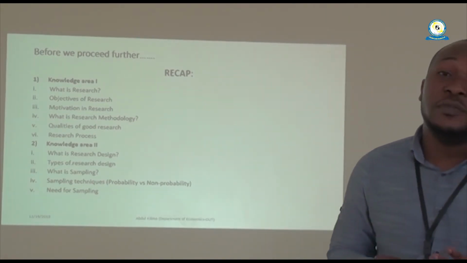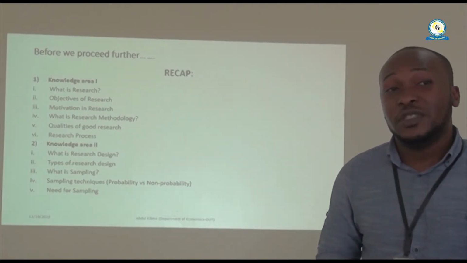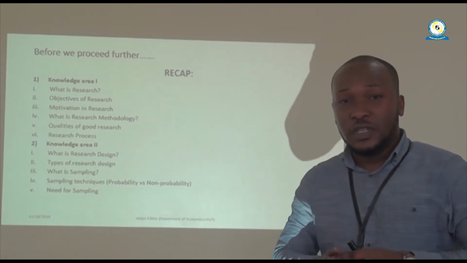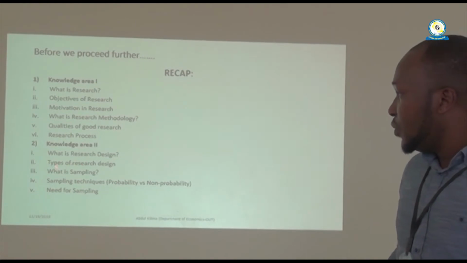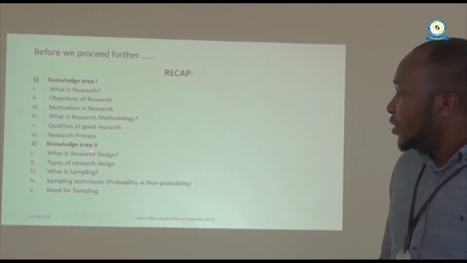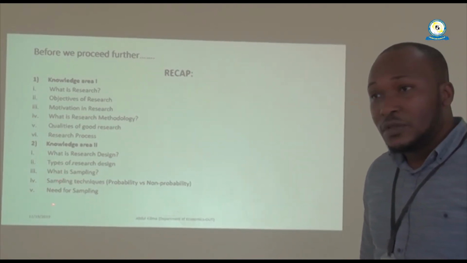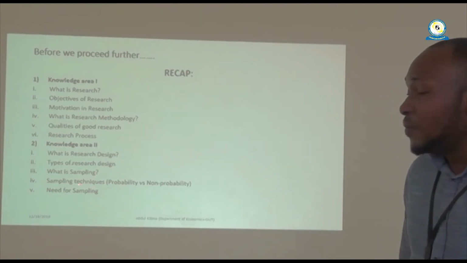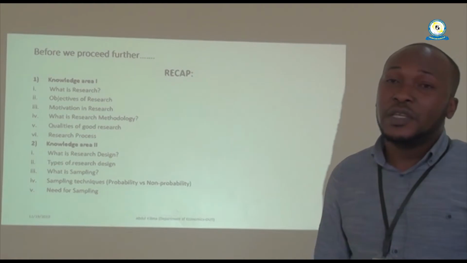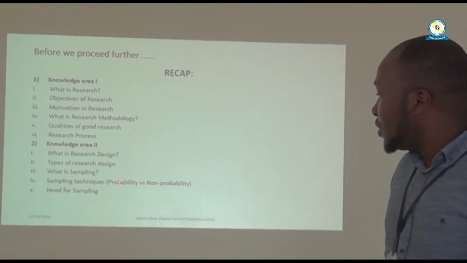As we said yesterday, if you have a population of 100,000, then you go after every 10, or after every 1,000, and you select your sample. That is called systematic random sampling.